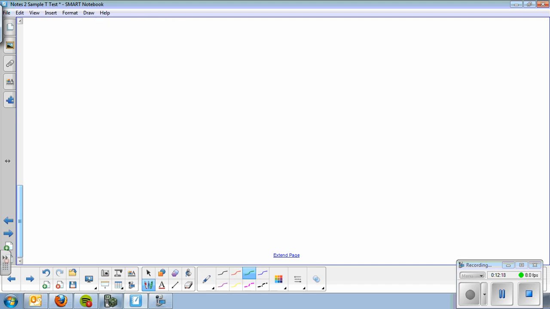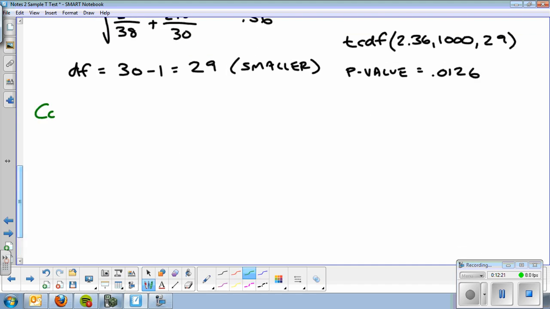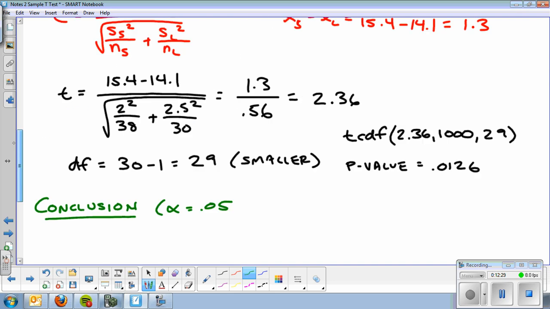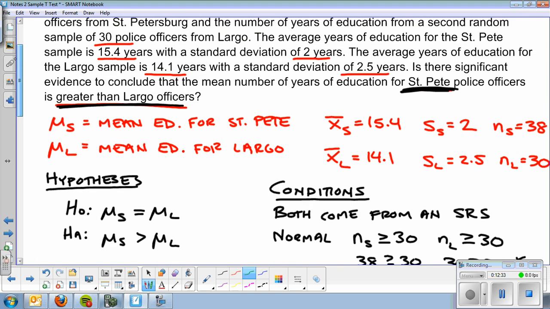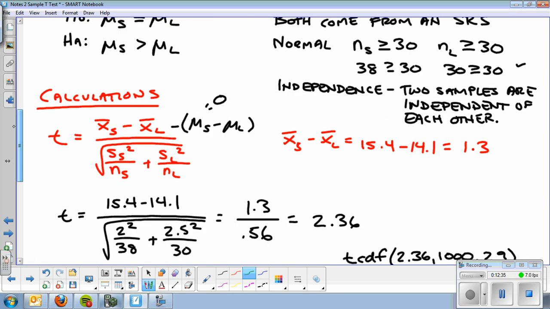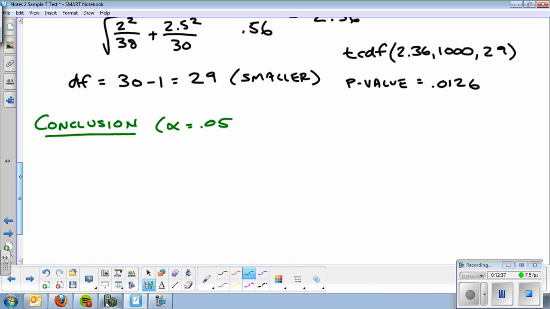So once we get down to our conclusion, let's use alpha equals 0.05, unless it said something different, which I don't believe that it did. Nope, so we'll use 0.05. Okay, we will reject the null hypothesis that mu S equals mu L. Again, if there's no difference, then the education levels of the two will be the same.